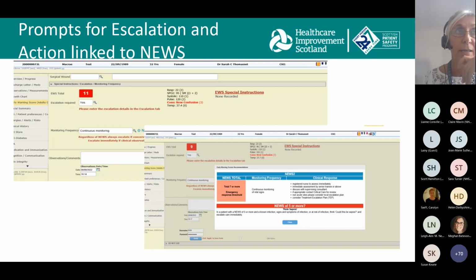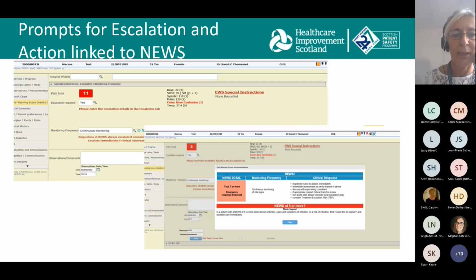And so as Gavin has already alluded to, the benefits of an eObs system are that addition. When we enter all of the physiological data into the system, we may not enter it correctly, but the total score is always added up correctly. And then there are prompts as to whether or not it's appropriate to escalate the patient, with access to any special instructions that have been set within the same frame in the track system.